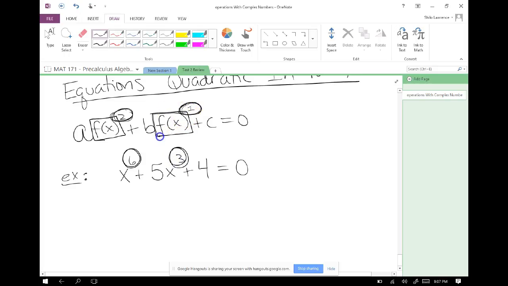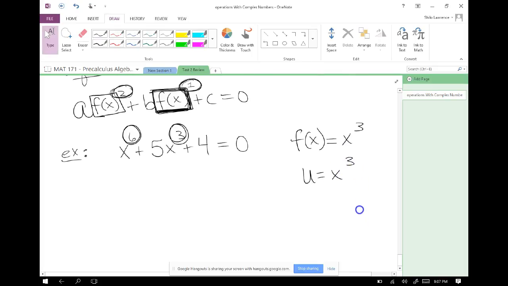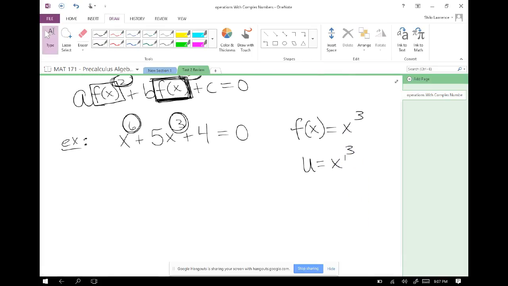So notice that the second one is not doubled. The second one is the original function. So the original function is x cubed. So what we do, and we actually use a u for this, is we're going to do a substitution so that this actually looks like a quadratic equation.